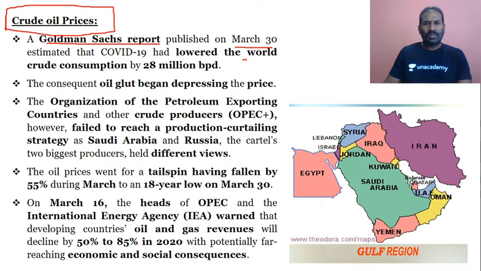That is, the world crude consumption has come down to 28 million barrels per day. BPD is in the sense of barrel per day.